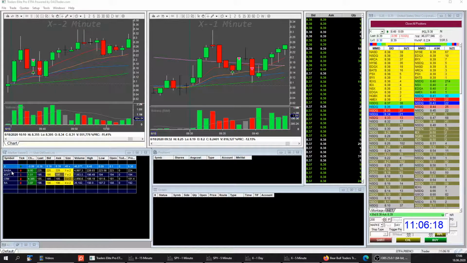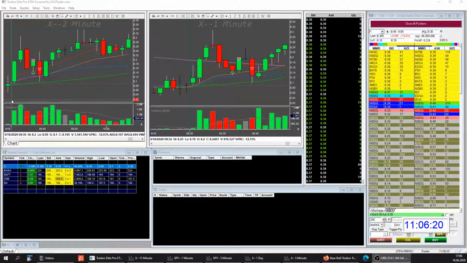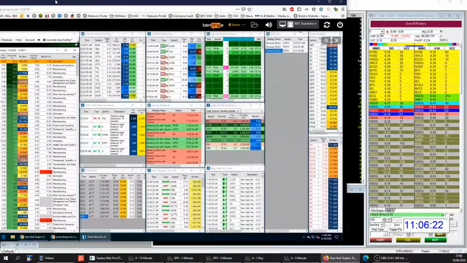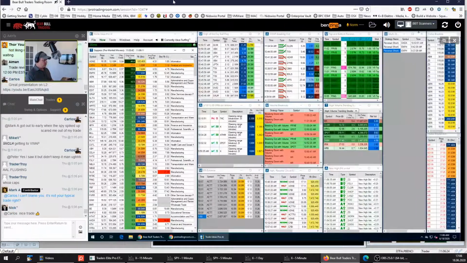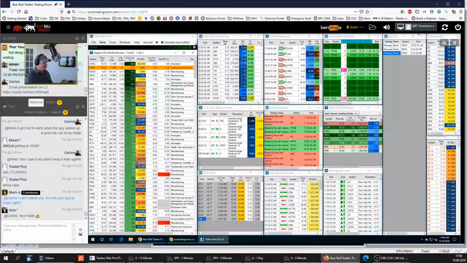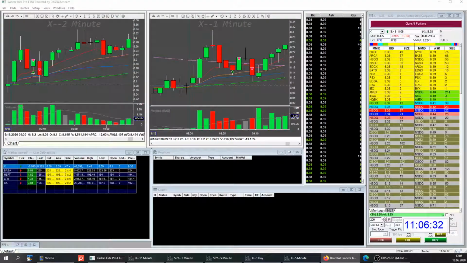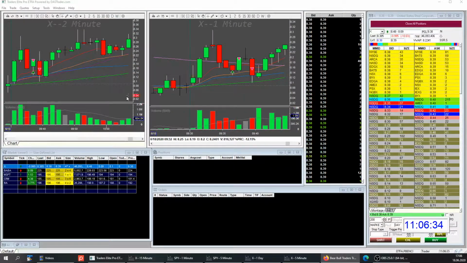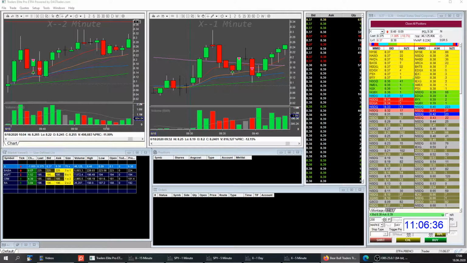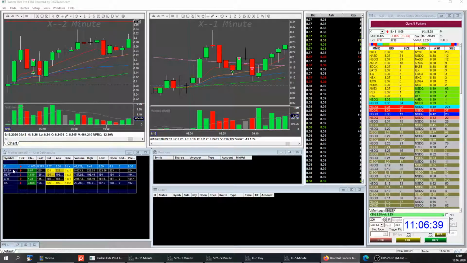Then I started to look at the scanners in the room, which are always available for you. They look like this, and I watch this new high bid or ask scanner, and then I start watching the stock which appears on the scanner.